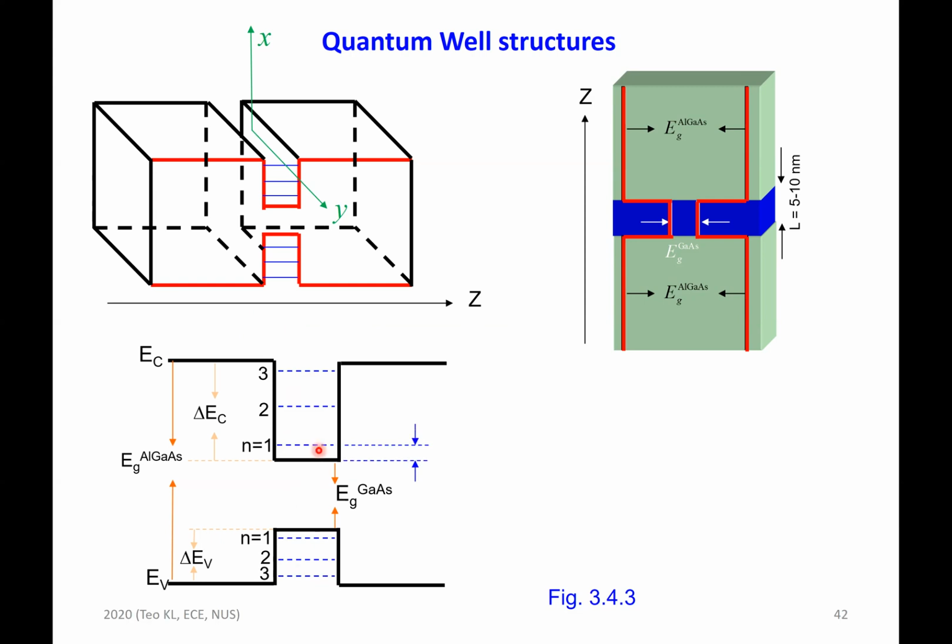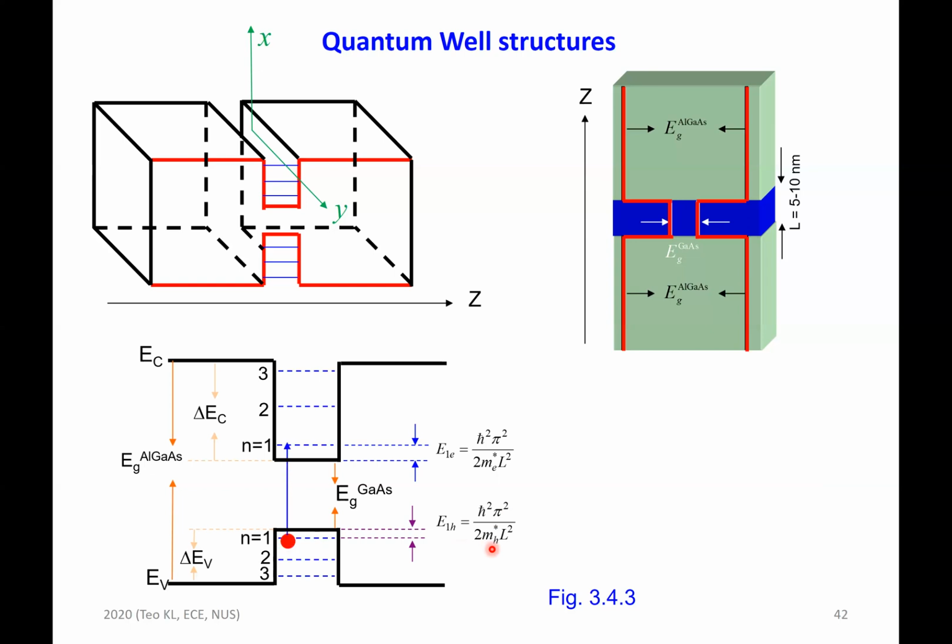And this is the electronic energy of the quantized level measured from the bottom of the conduction band: E_j = ħ²π²j²/(2 m_e L²). And similarly for the hole, measured from the top of the valence band: E_j = ħ²π²j²/(2 m_h L²), where m_h is the hole effective mass.